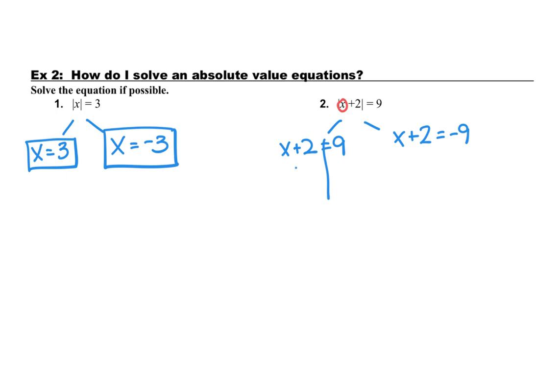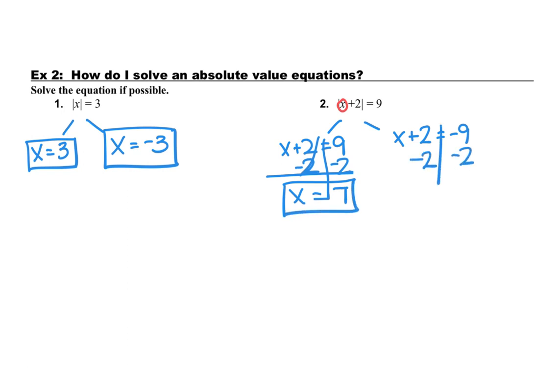So I'm going to subtract the 2, and we already said that x is equal to 7 because 7 plus 2 is 9. And if I subtract my 2 here, I have x is equal to -11 because -11 plus 2 is equal to -9, and the absolute value of -9 is 9.